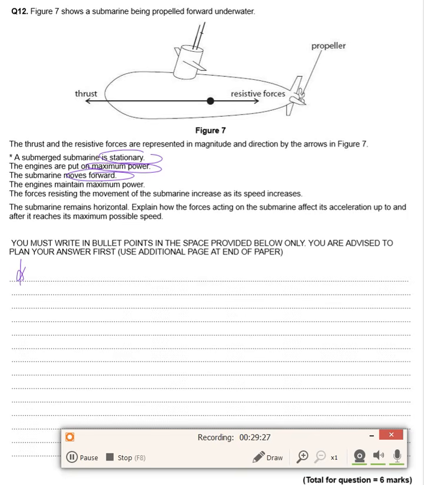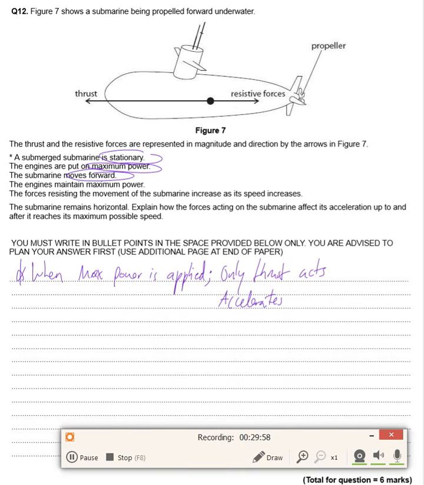Okay, so when max power is applied, okay, so we have only thrust, so the object accelerates.